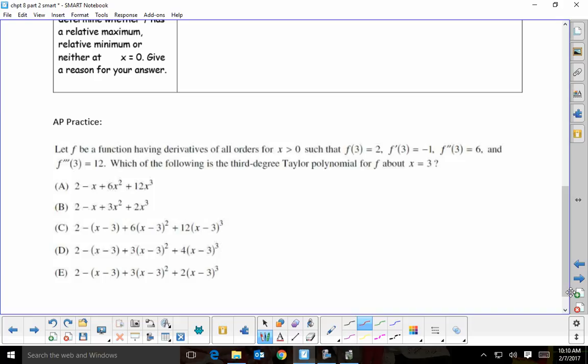Good job! How many of you guys got C? Tell you what you forgot. Factorials.